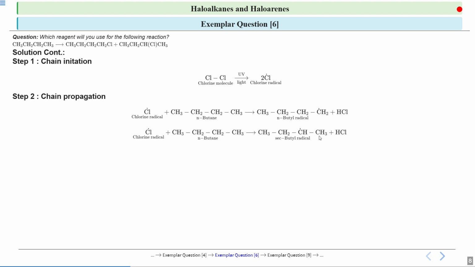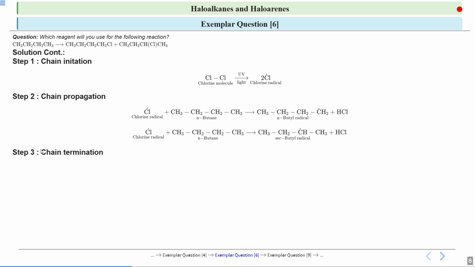You will get a secondary butyl radical after the elimination of the secondary hydrogen from the butane. And this step also includes the side product HCl formation. So this is how you are getting n-butyl radical and secondary butyl radical for this chain propagation.